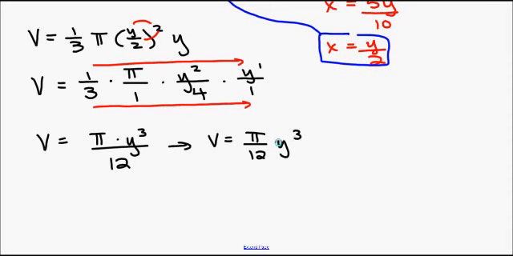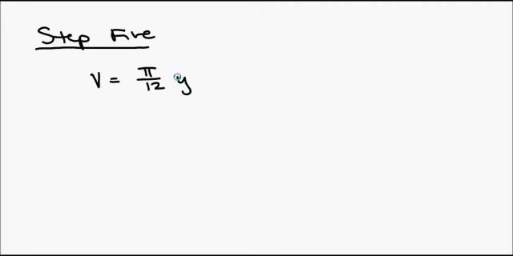So now I have my equation that relates the variables I have information about, V and y. My next step, step 5, is to differentiate with respect to t. Since we've assumed that all variables are differentiable with respect to t, I'm going to differentiate the equation I just wrote. My equation was V equals pi over 12 y cubed.